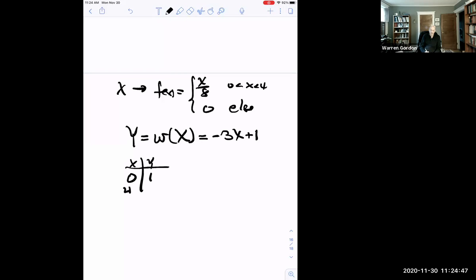When x is 4, I get minus 3 times 4 plus 1, which is minus 11. So y will be defined between minus 11 and 1. Remember, the problem here is to find the PDF of y.